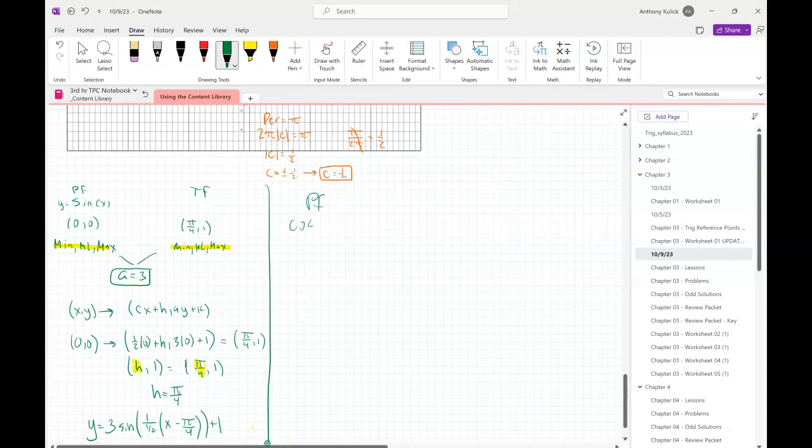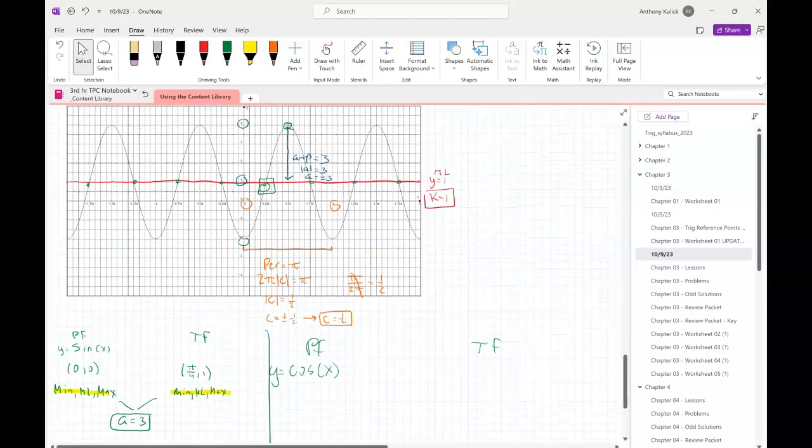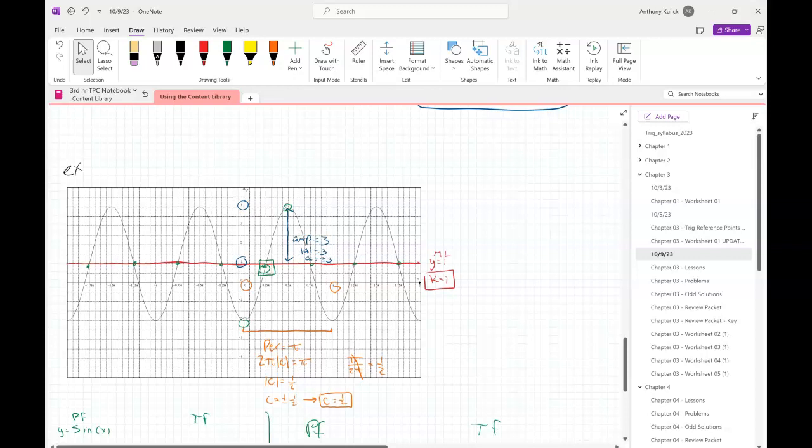What if our parent function was cosine? Now when I choose my point from the graph that I want to use, one of the extreme points, a maximum or minimum, let's say I pick this one at (0, -2).